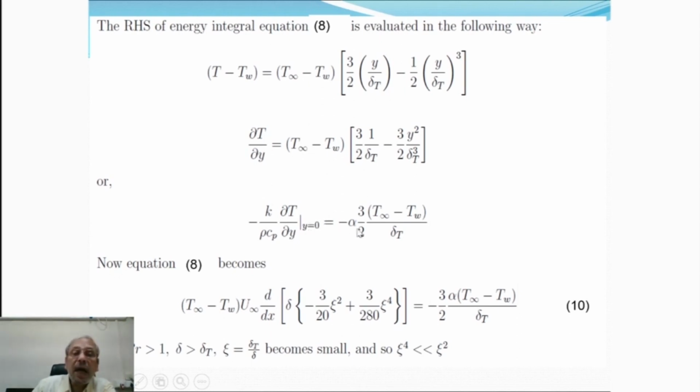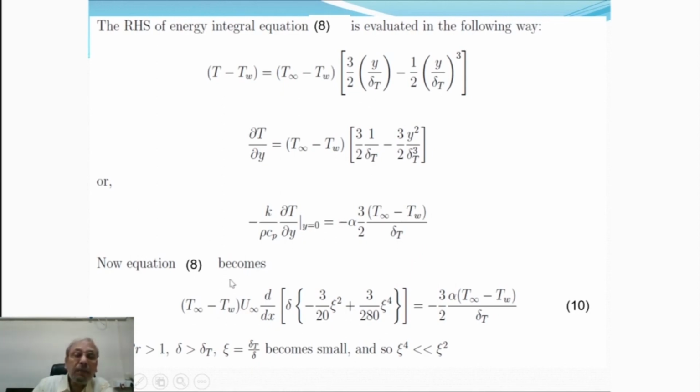We get it as minus alpha, thermal diffusivity, 3 by 2 (T infinity minus TW) by delta t. So basically at y equal to 0, this term is knocked out, and we get this expression for the right hand side term.